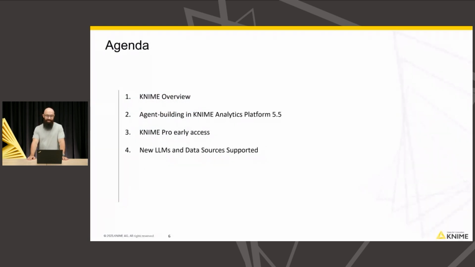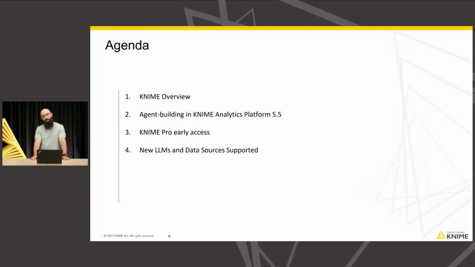And we will see right now what he will be talking about, which is, of course, the last point on the agenda. In terms of agenda, I will start with a little overview because, as I said earlier, we have a lot of new people joining us, and we want to make sure that everybody is roughly on the same page as to what KNIME is all about. Then Emilio will tell us how to build agents in KNIME Analytics Platform 5.5. And then Gergely will talk a little bit about a new offering that we are starting very soon, the KNIME Pro offering, which will also include an early access opportunity for you guys.